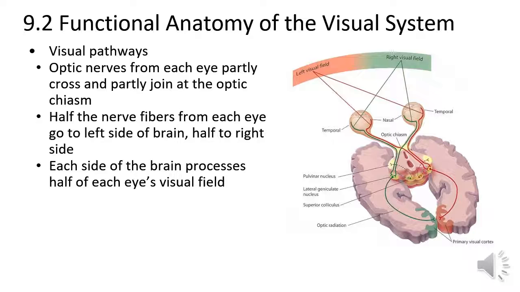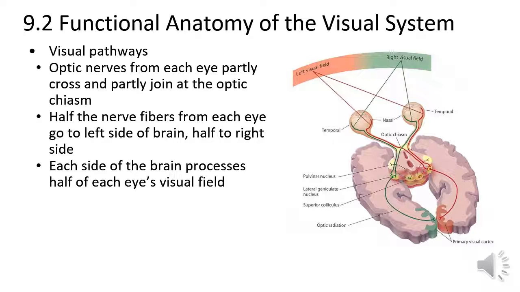The way the information joins is a little bit complicated, but the inner part, or the nasal side, of the left eye and the temporal part, or the outside, of the right eye join together at the optic chiasm and go to the right hemisphere, the right primary visual cortex.